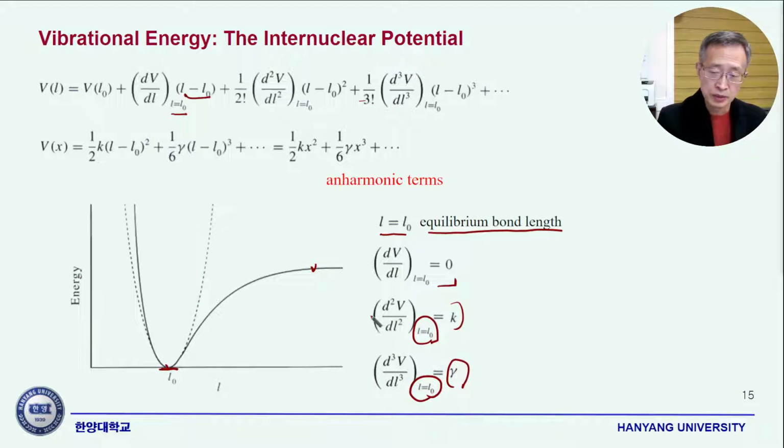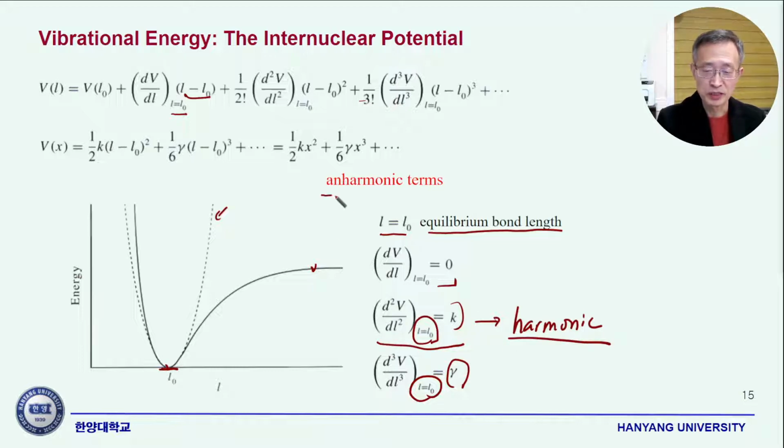If we don't include any terms except the second derivative, it looks like a quadratic function, the dotted line here. This quadratic function is the harmonic term. We call this harmonic, and all the others are anharmonic terms.